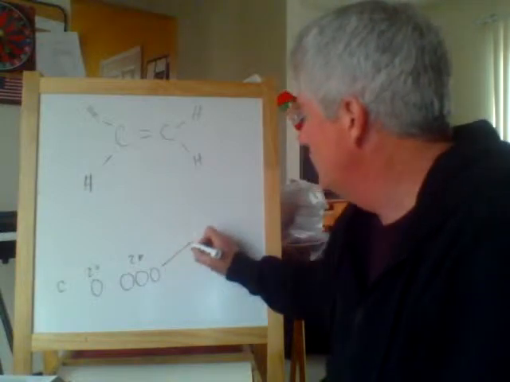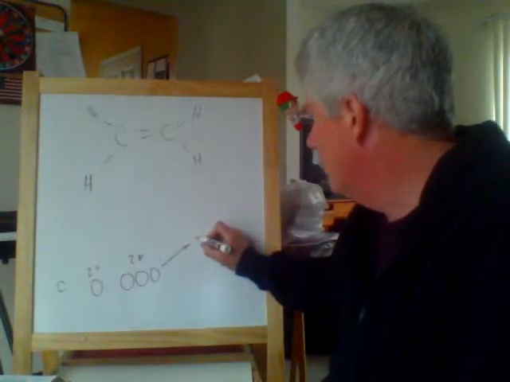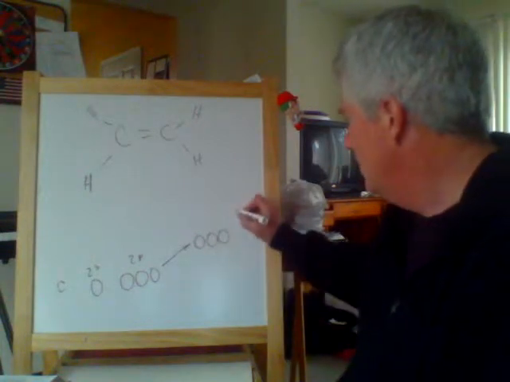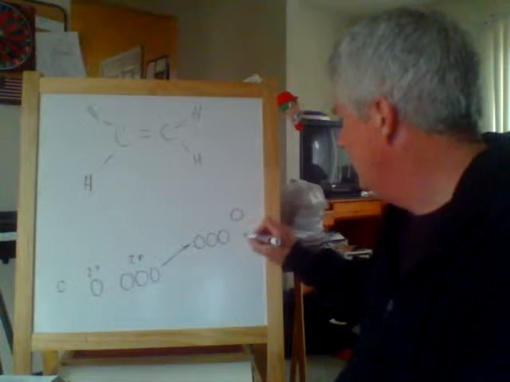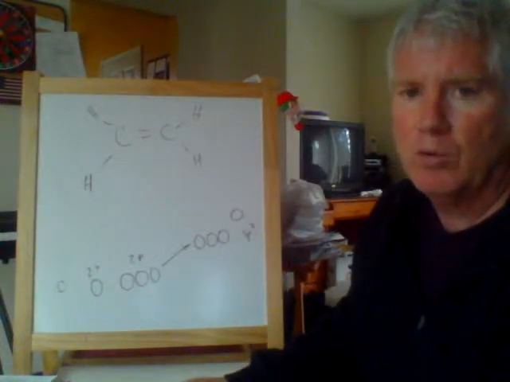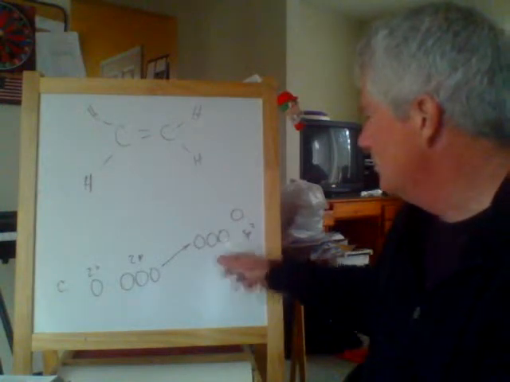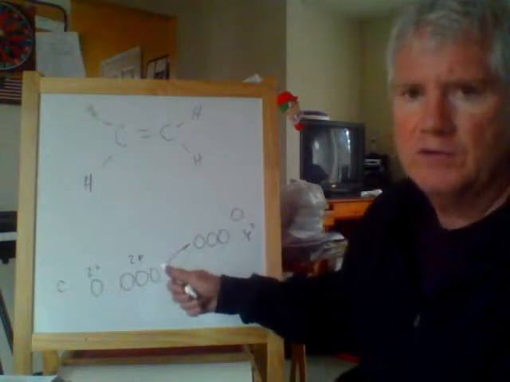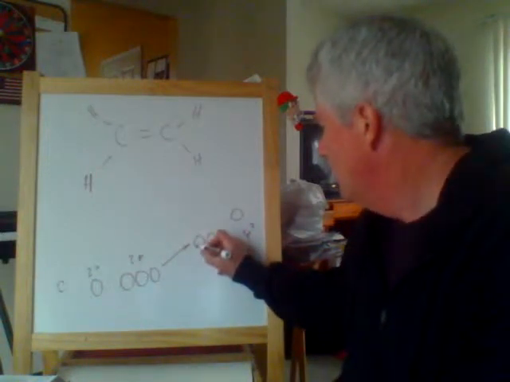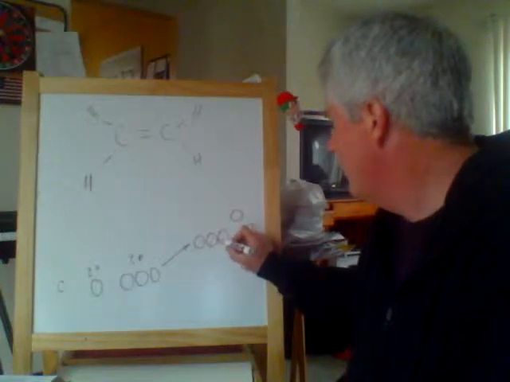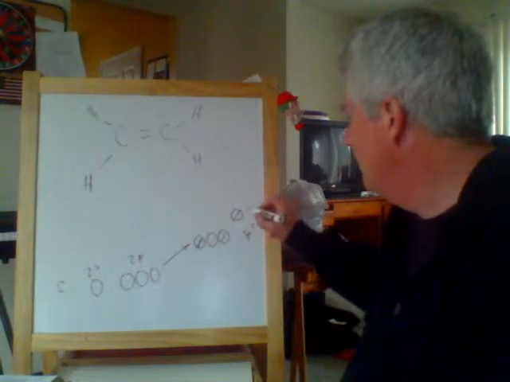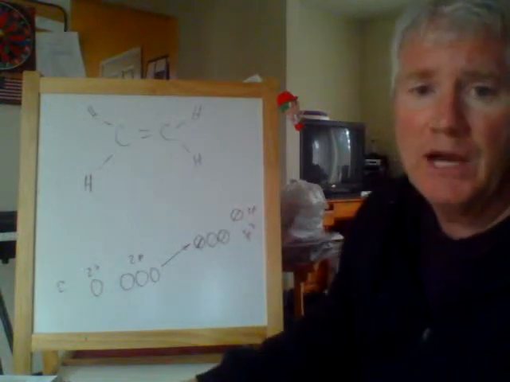What we're going to do is hybridize these to form 1, 2, 3 bonding groups, and then one left over. So I'm going to be using sp2 hybridization. Remember I talked about this when I talked about boron, I think. The 4 valence electrons that carbon has will fill 1, 2, 3 of the hybrids and one of the 2p orbitals that's unhybridized.